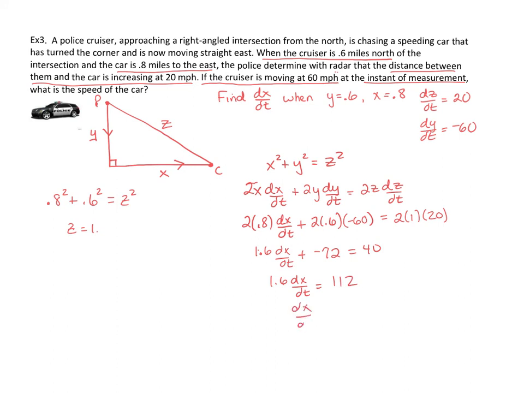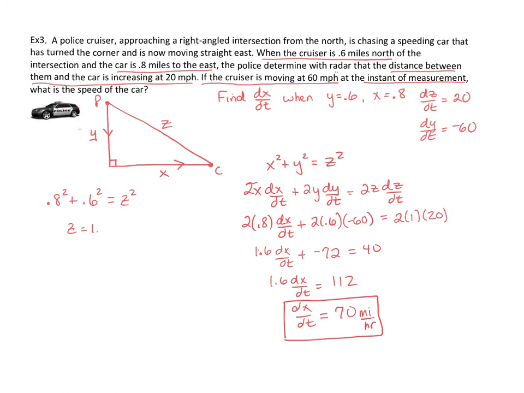And dx/dt, which is what I'm trying to find, if I take 112 divided by 1.6, comes out to be 70. That's 70 miles per hour. That is the speed of the car trying to get away from the police car.